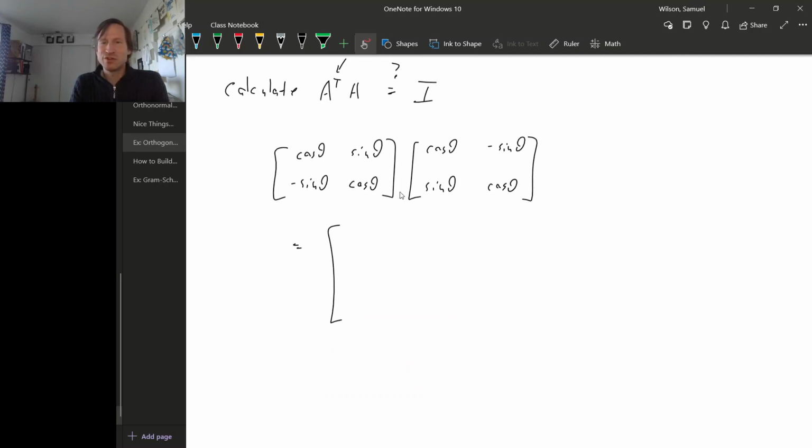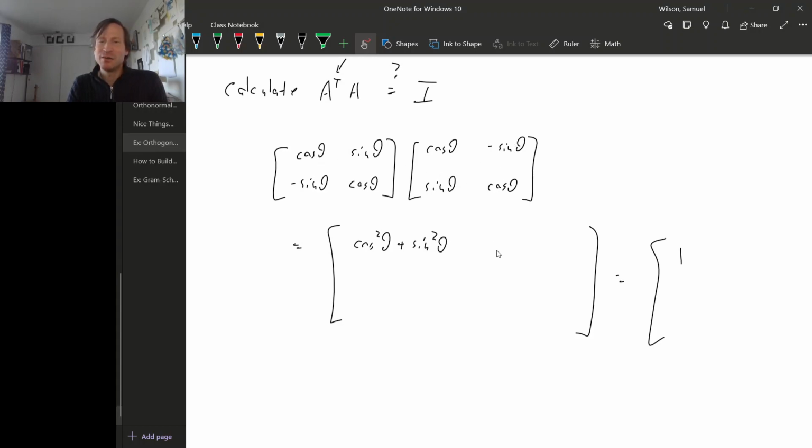So let's see, first row, first position, cosine squared theta plus sine squared theta. Okay, that's looking promising because that's equal to 1. That's just the Pythagorean identity. And this upper right, we're going to get, let's see, second column times first row.